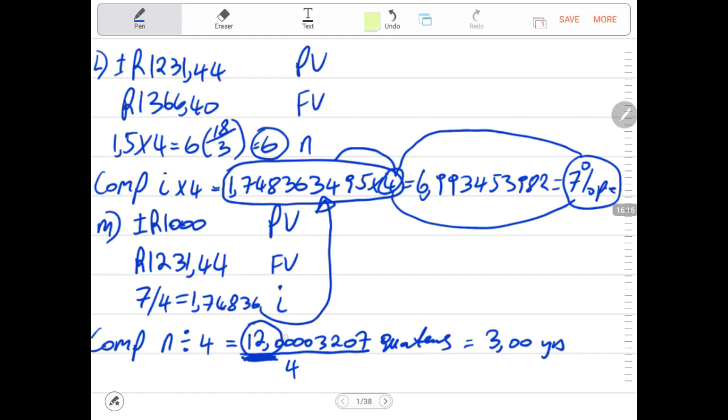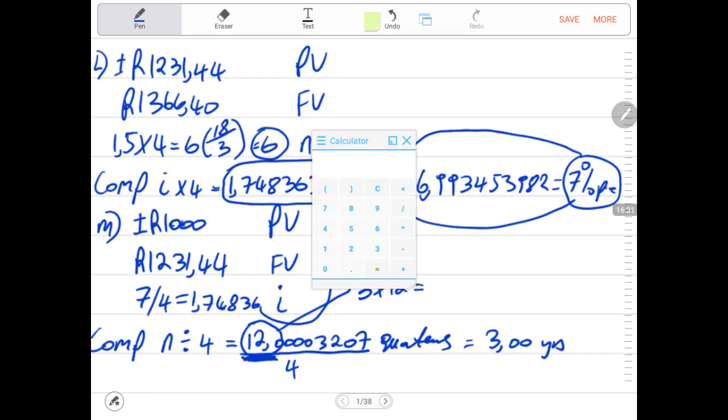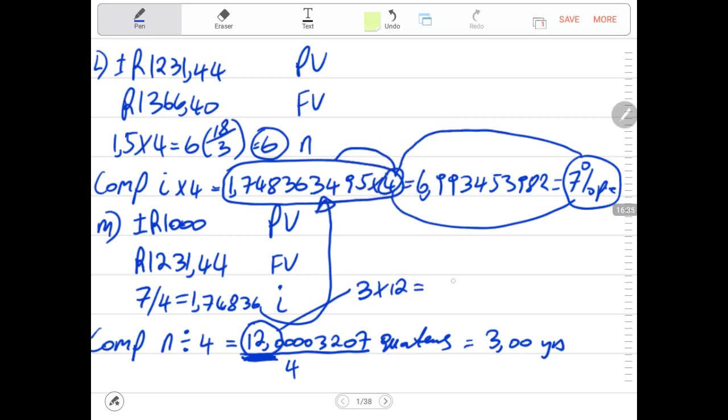Let us simplify the 12 quarters for more clarity. Now we know that a quarter is made of 3 months. So if we say 3 times 12, we should be getting 36. Now remember, I'm saying this is 12 quarters, and a quarter is made of 3 months.